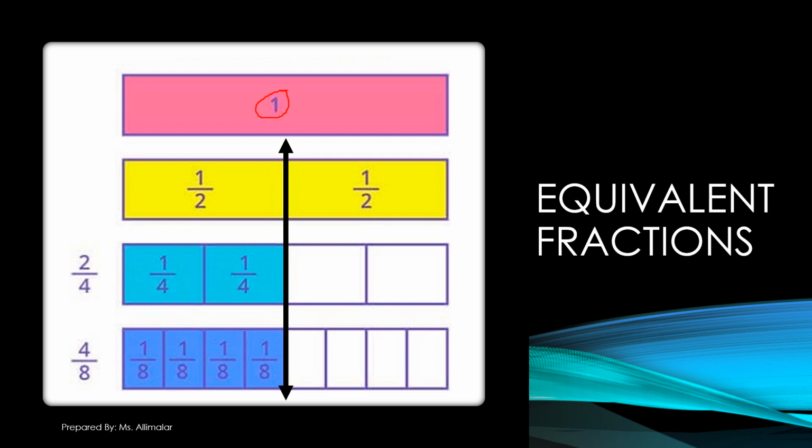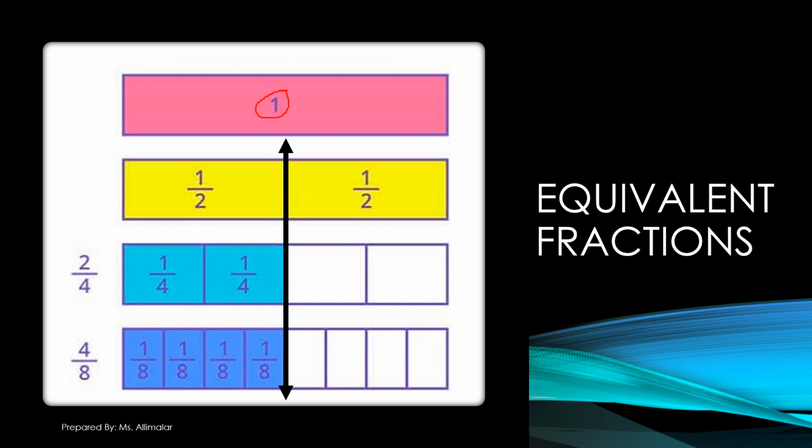If fractions, they must cut into parts, but they didn't even cut this bar. So that is the reason they put a whole number 1. Now, I put black color arrows here to show you how 1 over 2, 2 over 4 and 4 over 8 is the same thing.